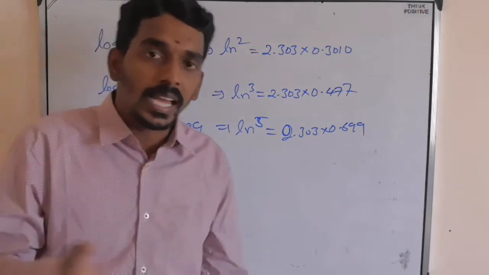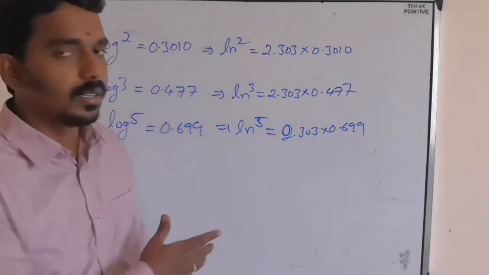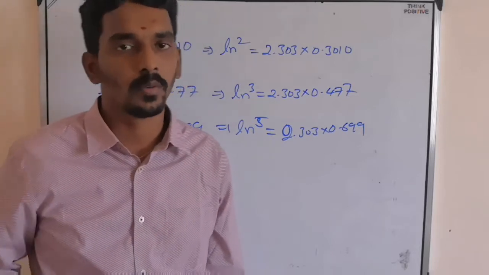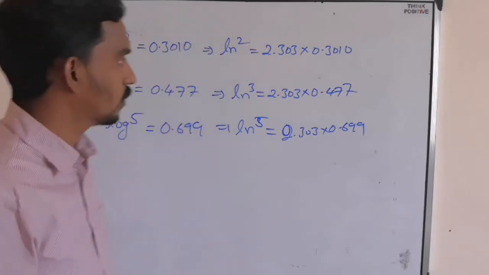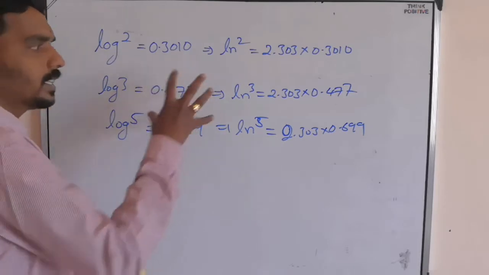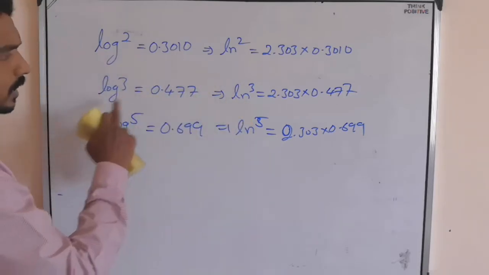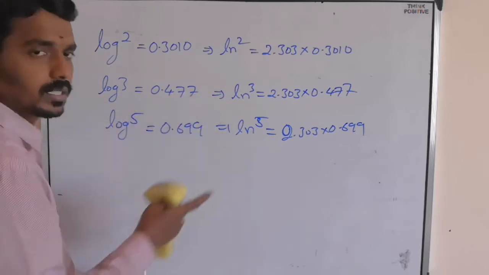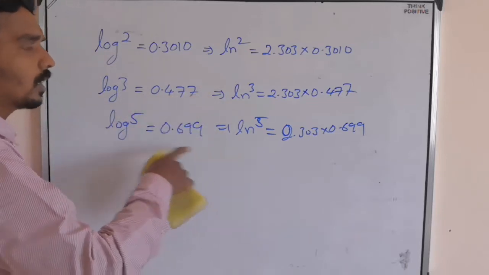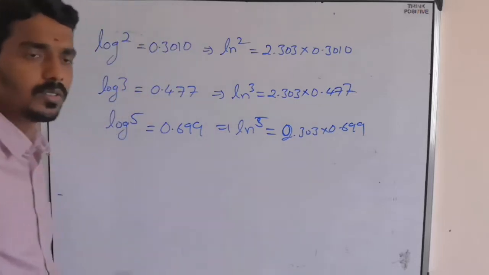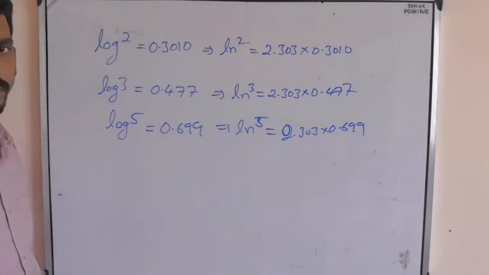If you need any other value, they will give you. Don't worry about it. So these are the basic values you need to remember. So what are the types of logarithmic functions? What is the relation? What is the difference? What are the basic logarithmic values you need to remember?